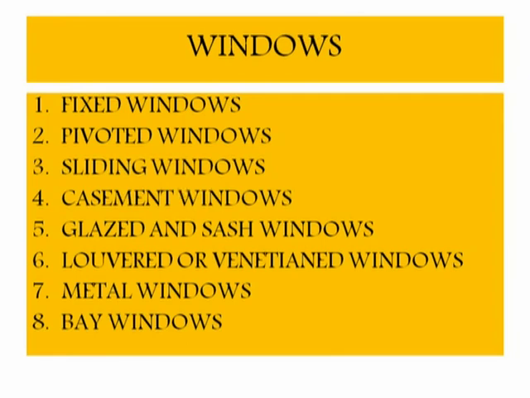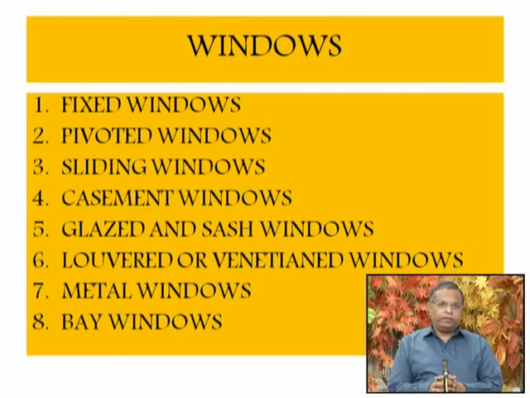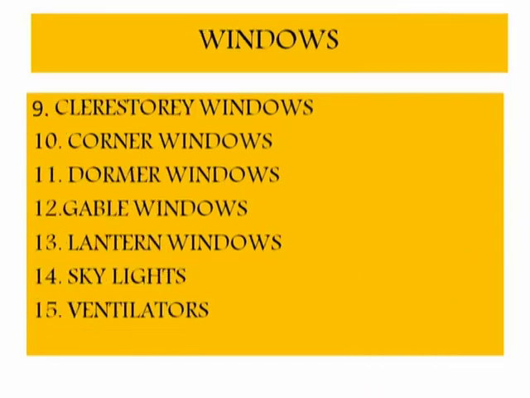One is fixed windows, second is pivoted windows, next is sliding windows, casement windows, glazed and sash windows, then louvered or Venetian windows, metal windows, bay windows, then clerestory windows, corner windows, dormer windows, gable windows, lantern windows, skylights, and ventilators.